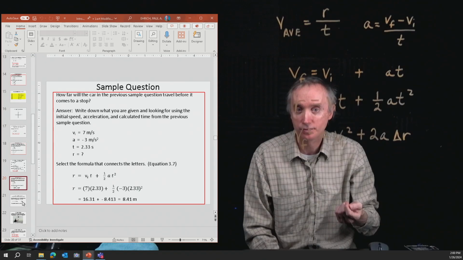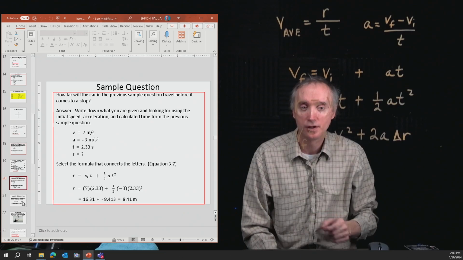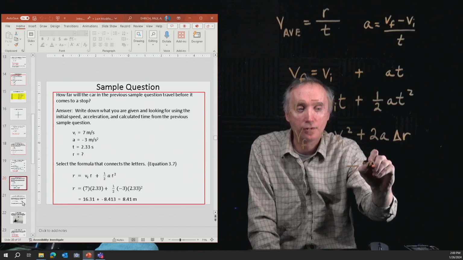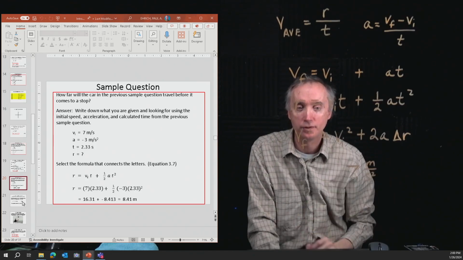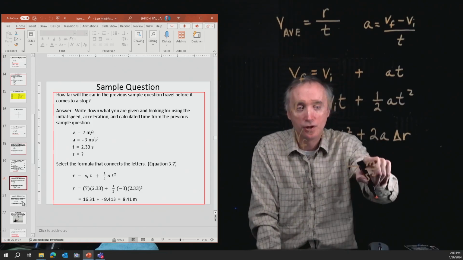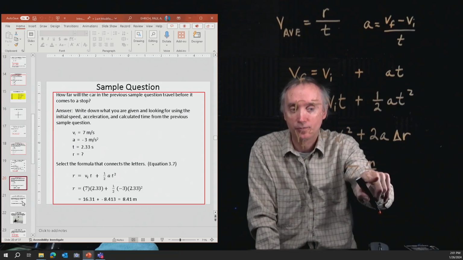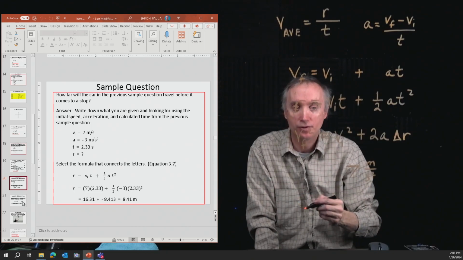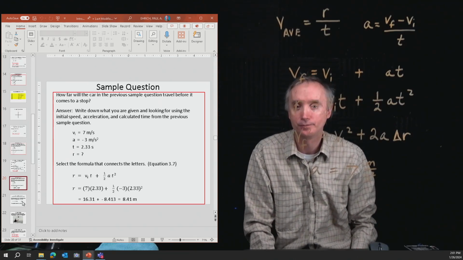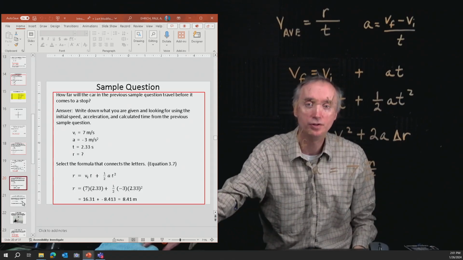Use the units to help you figure out what letter it represents. For example, if you see 7 meters per second squared, and you can't figure out what that represents, notice it's meters per second squared. That's acceleration. That's the official metric units for acceleration. So you automatically know that's going to be an A. Use the units to help you determine what letter to use.